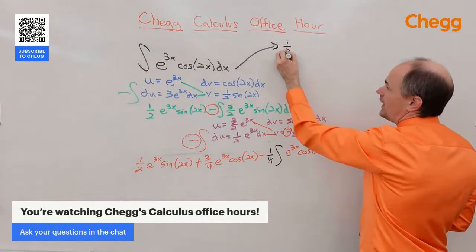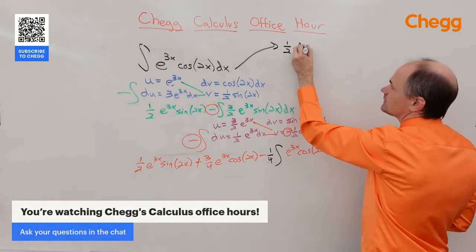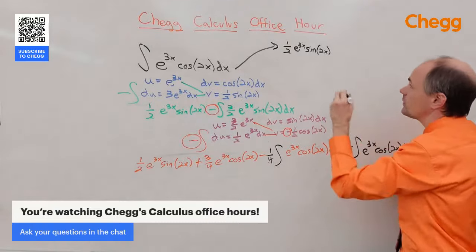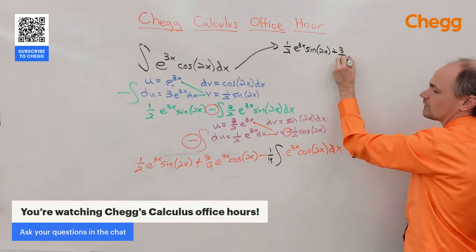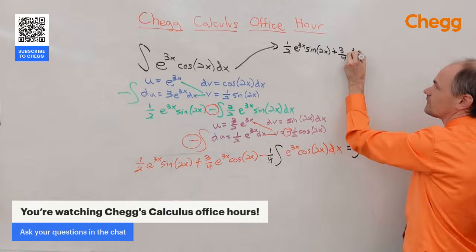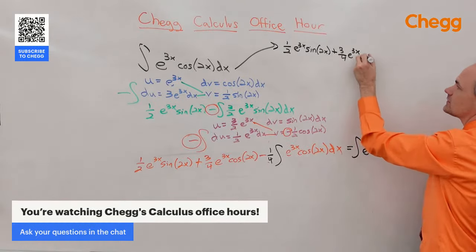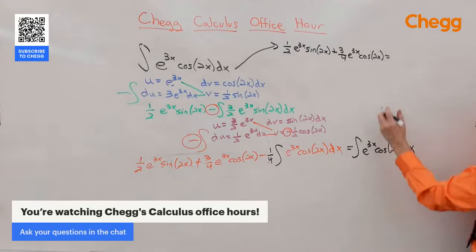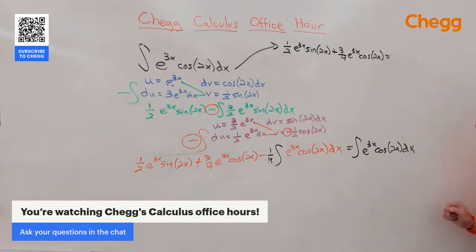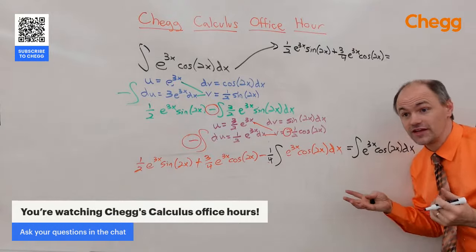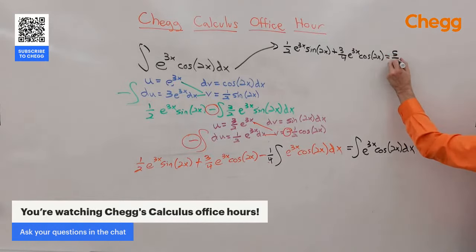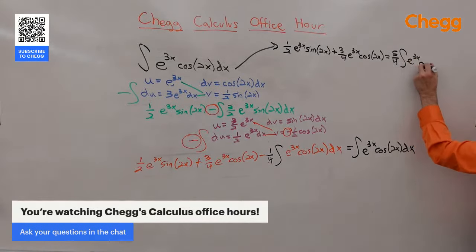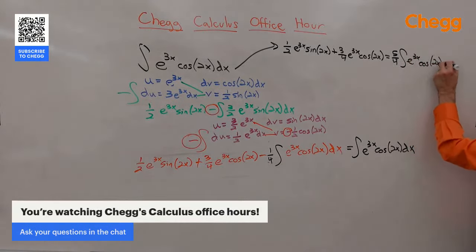We have 1/2 e to the 3x sine of 2x plus 3/4 e to the 3x cosine of 2x equals, when I add this to the other side, I'm off camera, I'm still here though, I promise. I haven't left you, I'm just left-handed. Equals 5/4 of the integral of e to the 3x cosine of 2x dx.